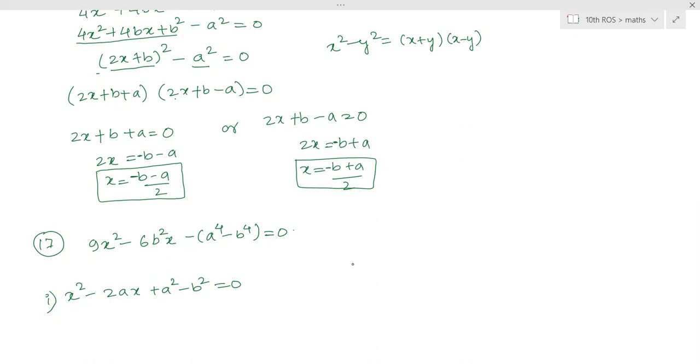Ma'am, x is equal to b minus a or b plus a? A minus b and a plus b. x minus a whole square. A minus b and a plus b, right?